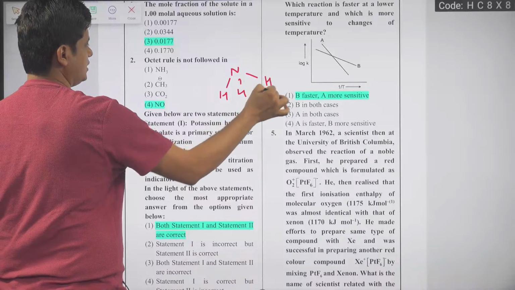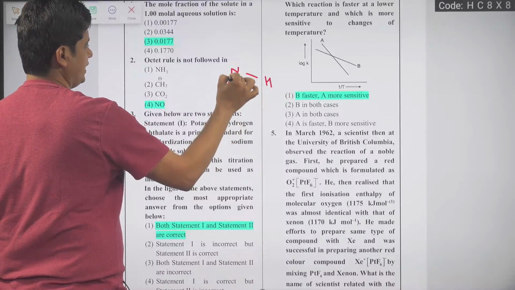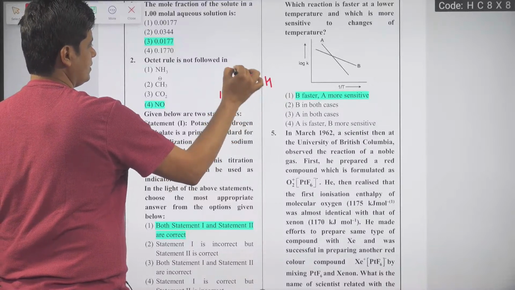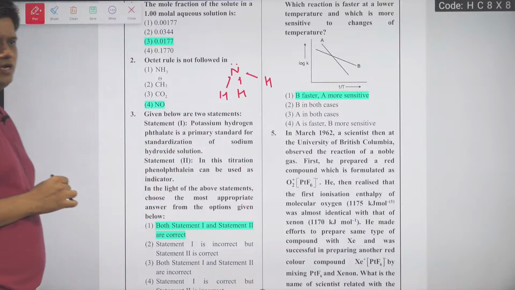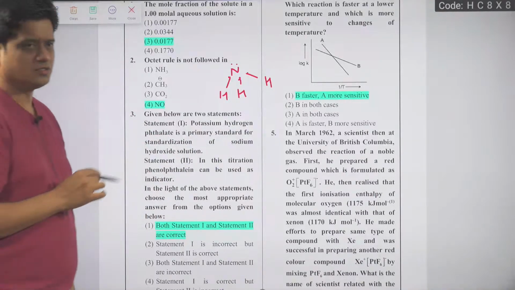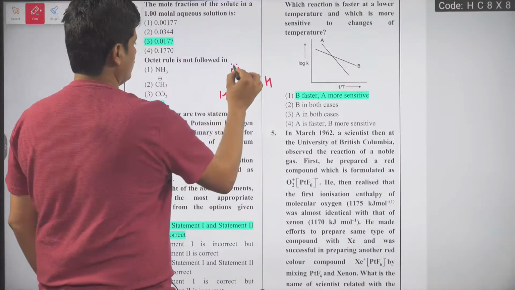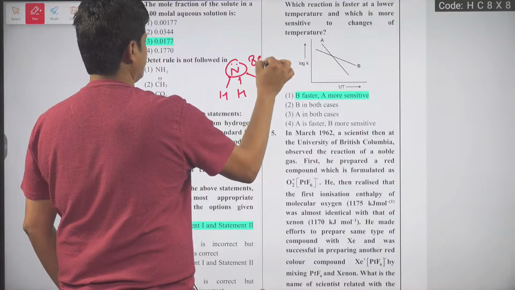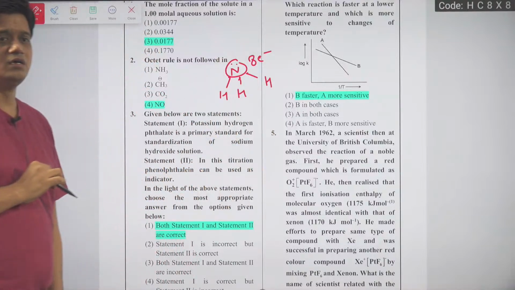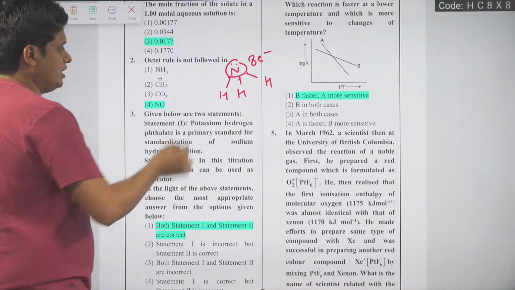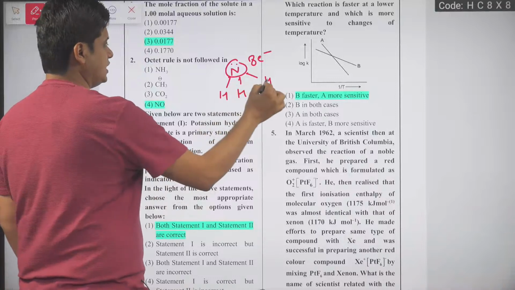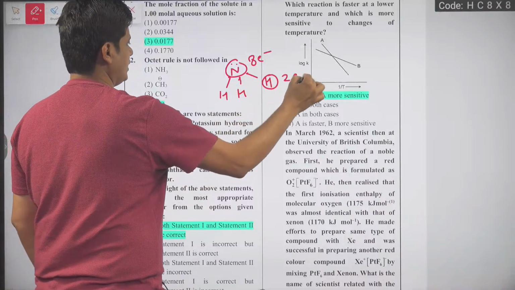So 3 hydrogens are there, 3 single bonds. So 5 electrons are there in the valence shell of nitrogen atom and 3 bonds formed. So 5 plus 3, 8. So nitrogen is following octet rule. It is having 8 electrons in the valence shell of nitrogen atom in the ammonia molecule. While hydrogen is following duplet rule. Hydrogen is having 2 electrons.